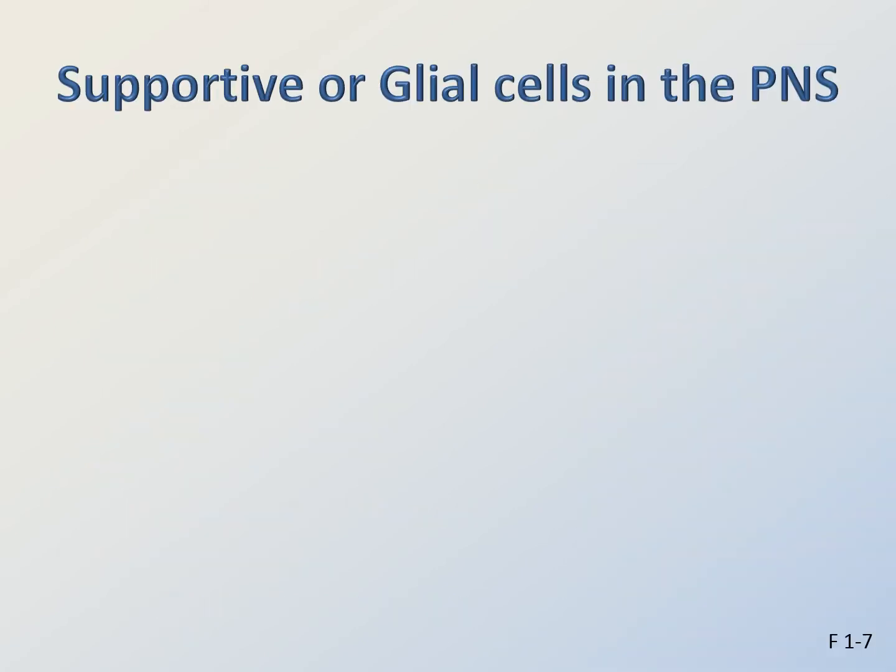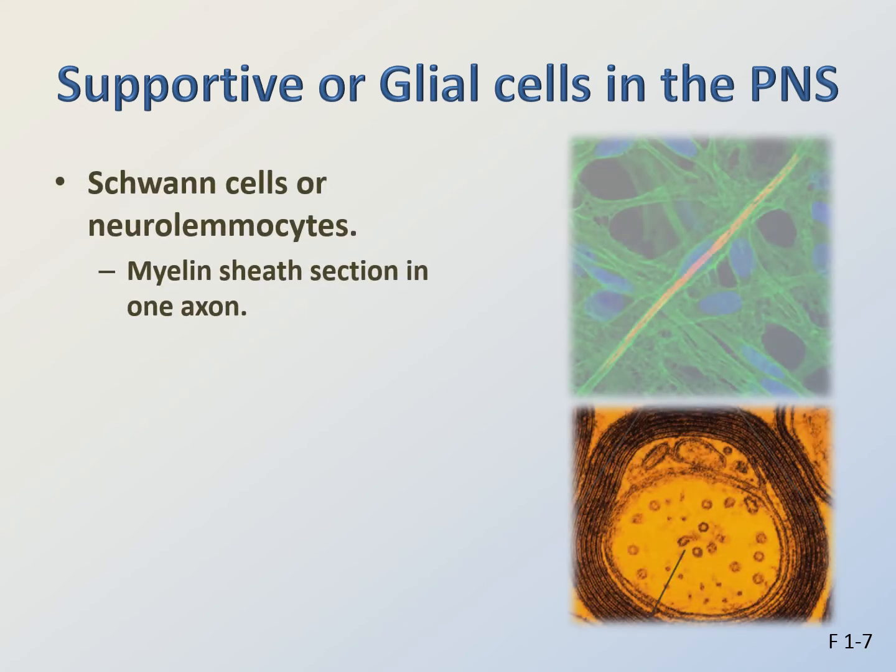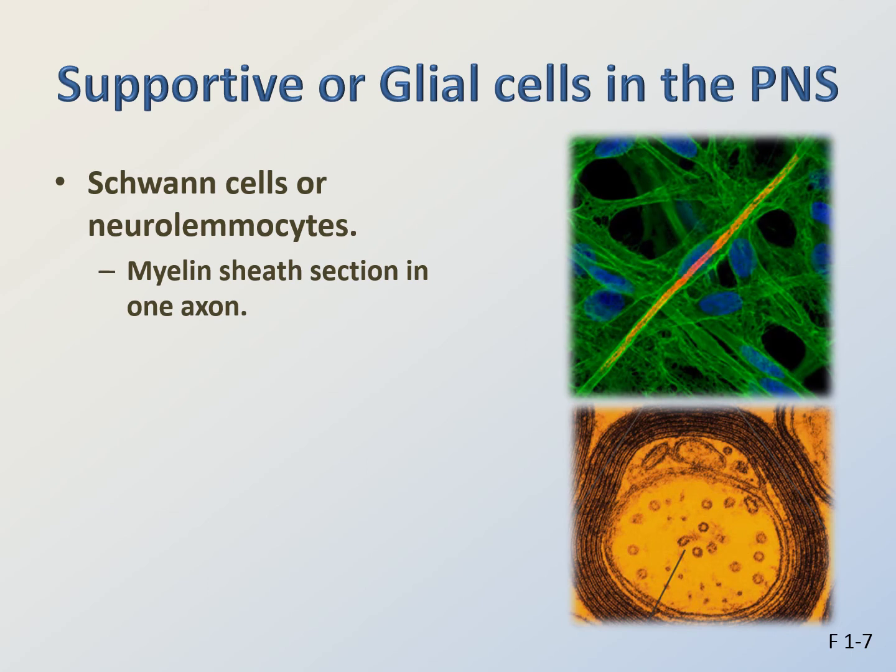In the peripheral nervous system, there are other types of supportive or glial cells. The Schwann cells, or neurolemmocytes, play the same role in the axons of neurons of the peripheral nervous system that the oligodendrocyte carries out in the central nervous system.